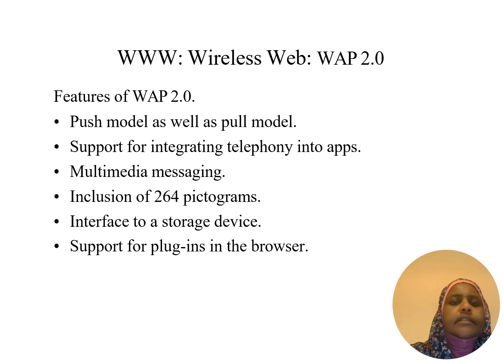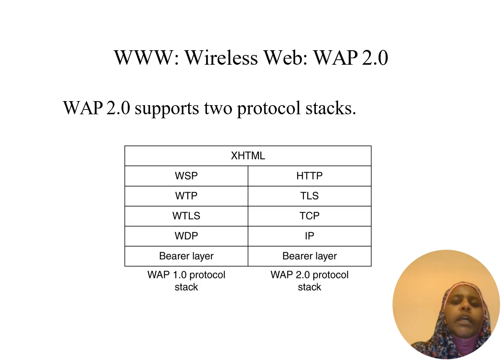It includes 246 and 64 pictograms. It has an interface to storage device. It supports plugins in the browser. It supports 2 protocol stacks, the old WAP 1 protocol stack and the TCP/IP protocol stack.